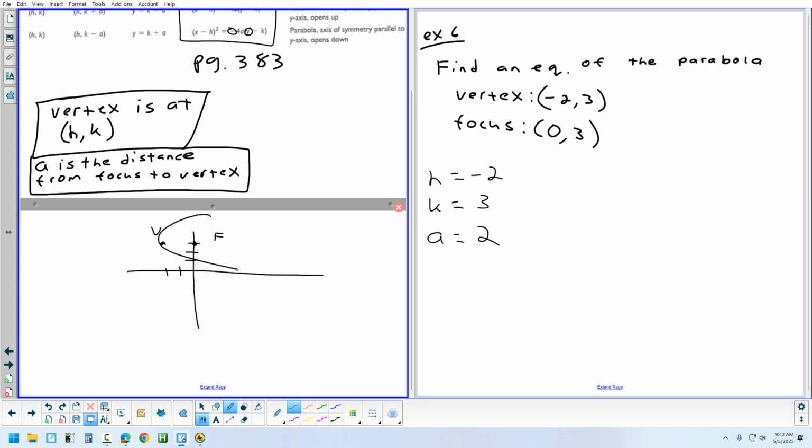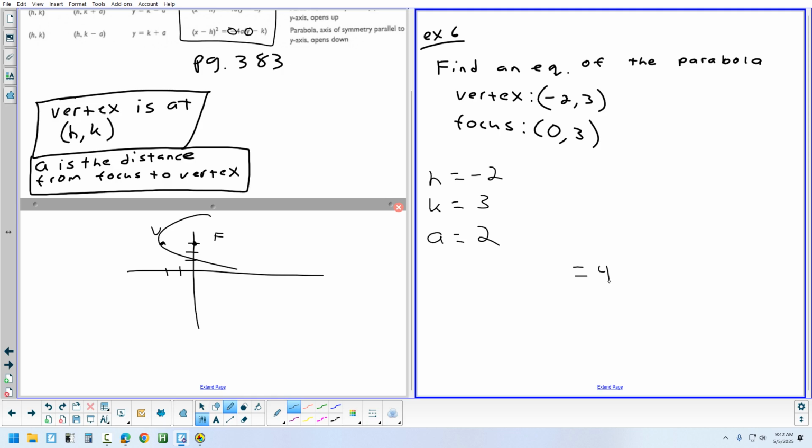It's going to wrap around the focus, and it's going to go right through the vertex. Okay. Parabola opening to the right. So we know it's going to be a 4 because it has to open to the right, and it's positive. And what letter are we going to put on this side so that it opens right?